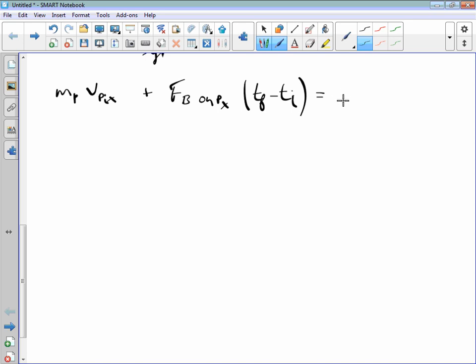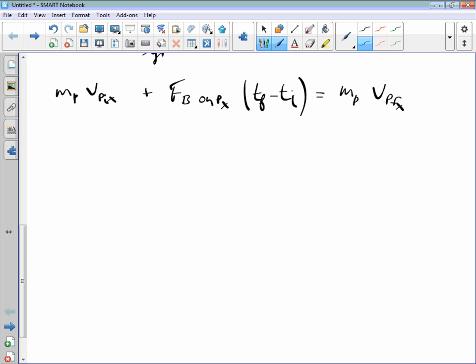That's going to be equal to the afterward situation: mass of the person and velocity of the person final in the x direction.